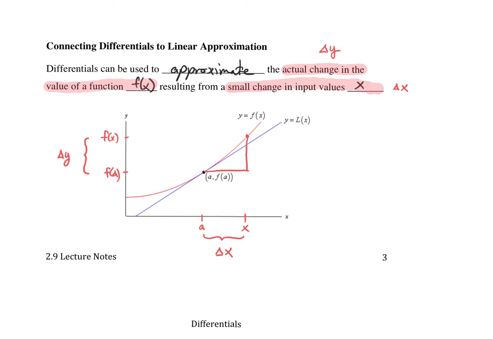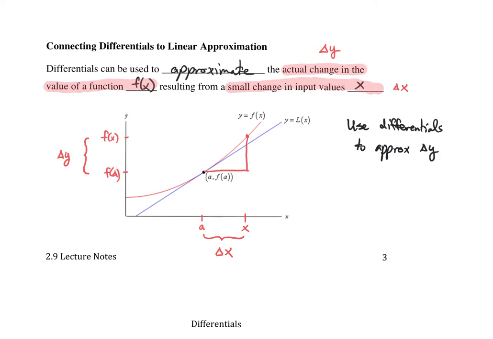What I want to do is use differentials to approximate delta y. And which differential am I going to use? I'm going to use the change in y values of my line.